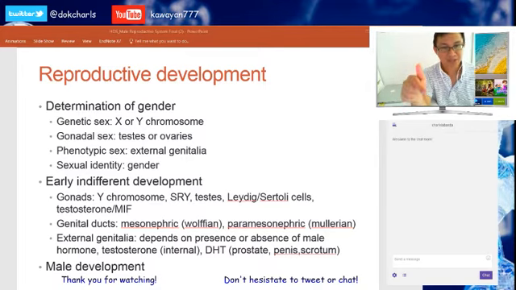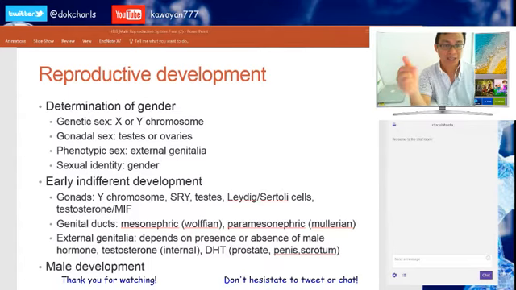And via your 5-alpha reductase, the converting enzyme which makes your testosterone more potent, the more potent male hormone will affect your indifferent external genitalia and transform that into a male penis and scrotum during the 9th to 12th week.